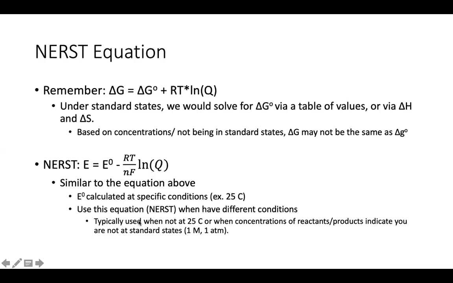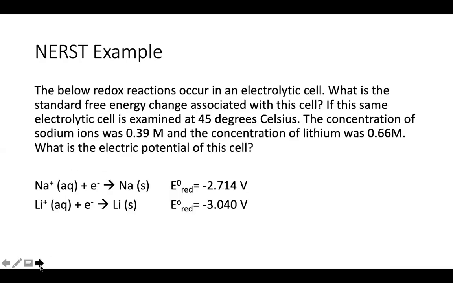So you're going to use it anytime your temperature is not 25 degrees Celsius, or when your concentrations of reactants and products indicate that you're not at 1 molar concentration or 1 atm pressure. Basically, anytime they give you concentrations, pressures, or a temperature other than 25 degrees Celsius, you are going to use the Nernst equation to solve for your cell potential.